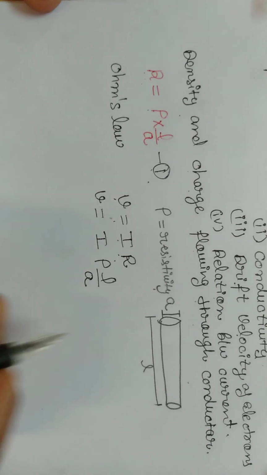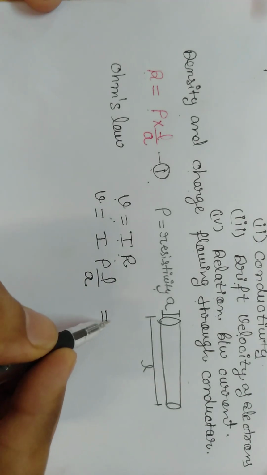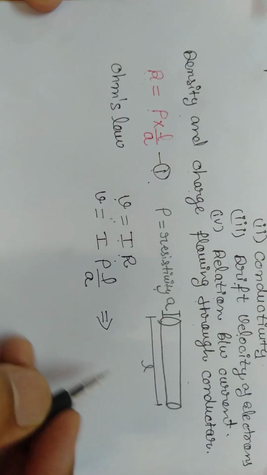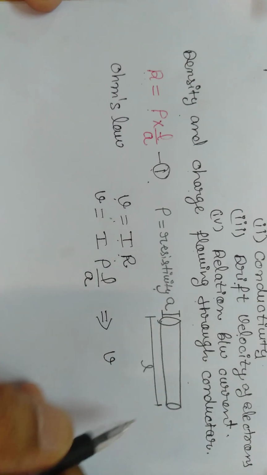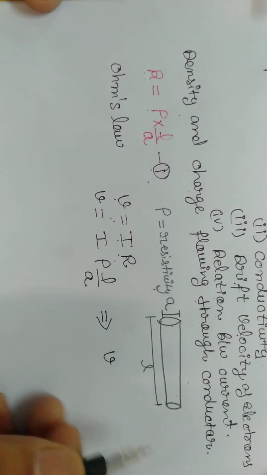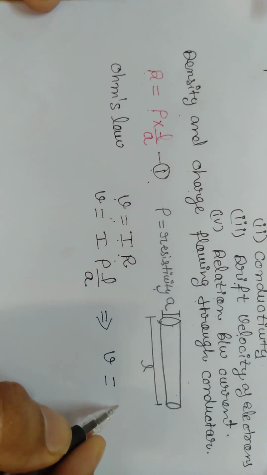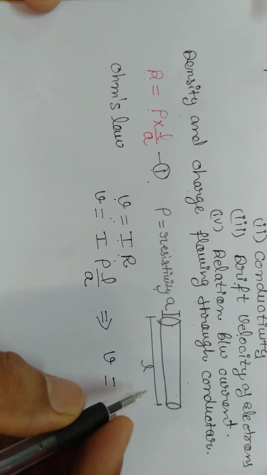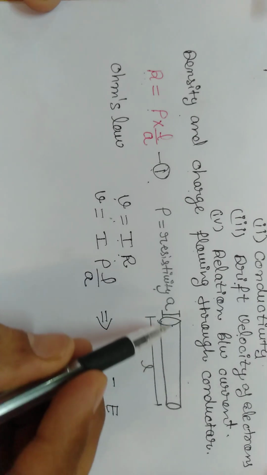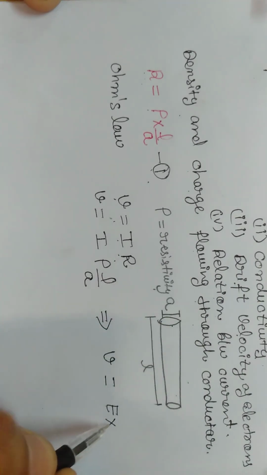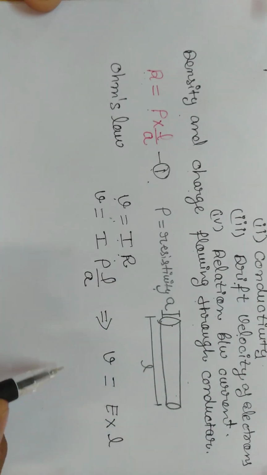Now further, we also know that the voltage across the conductor is equal to the electric field through that conductor into the length of the conductor.